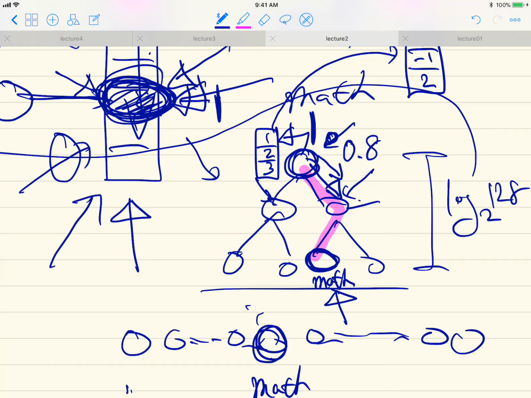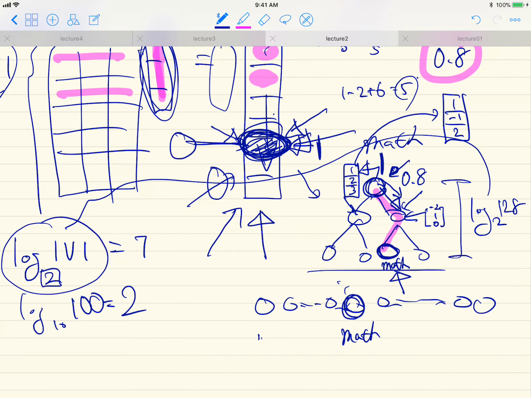Okay, and then this guy also has its own gatekeeping vector. Suppose that vector was maybe -2, 1, 0. This is its own vector, and you can compute the inner product with this guy, and then compute the probability value by computing the sigmoid function. Suppose that sigmoid was maybe 0.3.